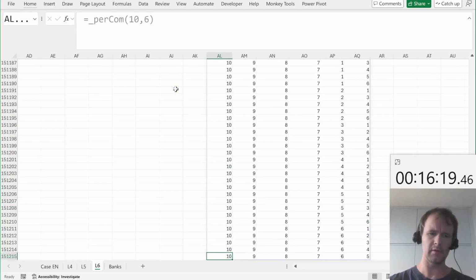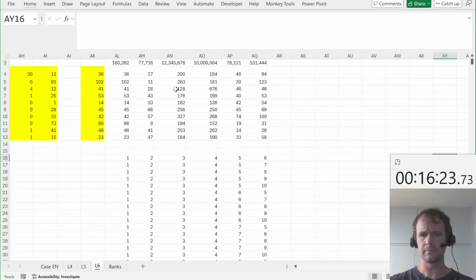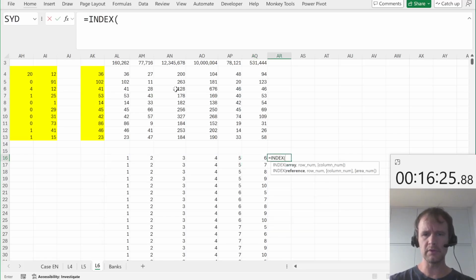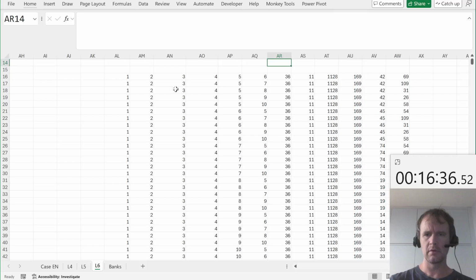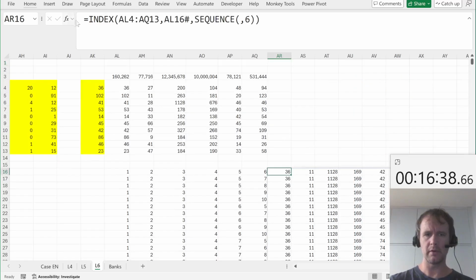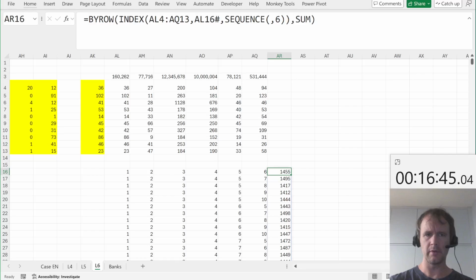Yeah, I think that is right on all of this. So I want index this, and sequence, comma, 6. And then I want by row sum. And then I want min.